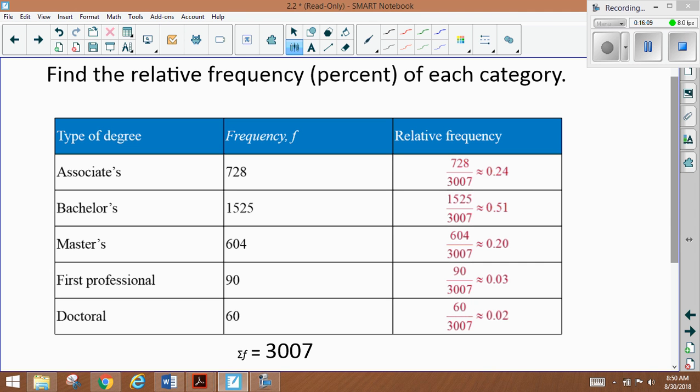So we're going to add 728 plus 1,525, 604, 90, and 60. That gives us a total of 3,007. Then in order to find out what percent each category is, we're going to divide the number in that category by the total number. We're going to do that for each category.